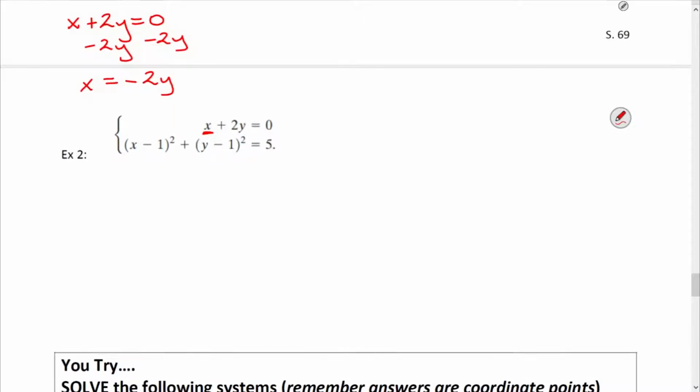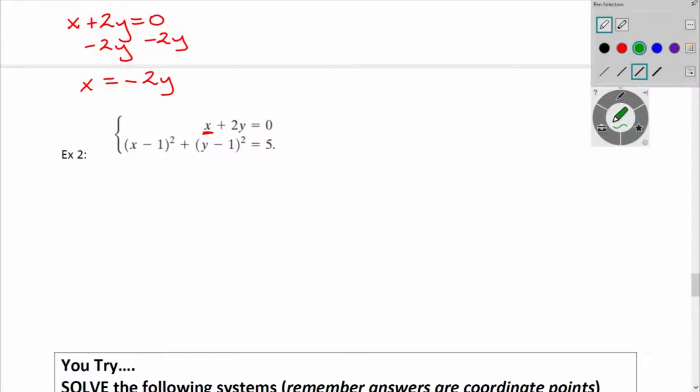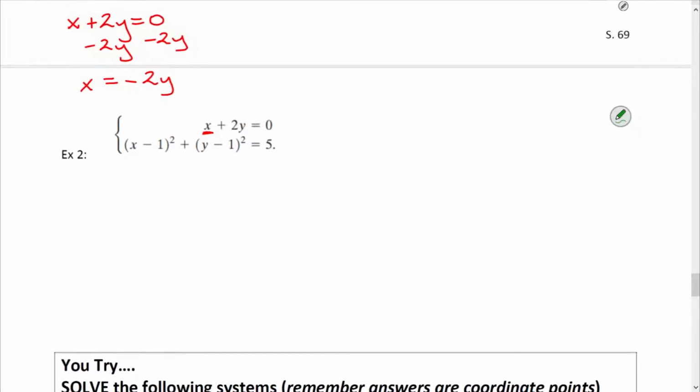That's the first step. Now the second step is where I plug this into the x's in the other equation. So I get parenthesis negative 2y minus 1 squared plus y minus 1 squared equals 5.